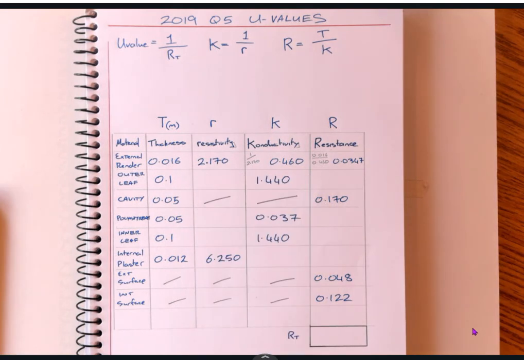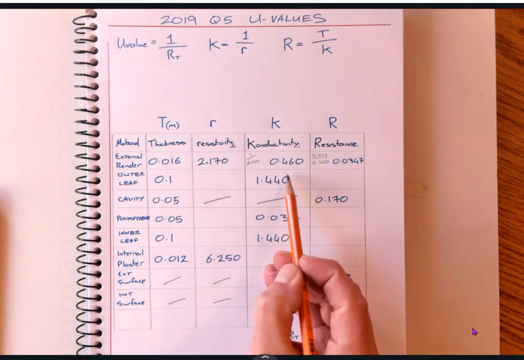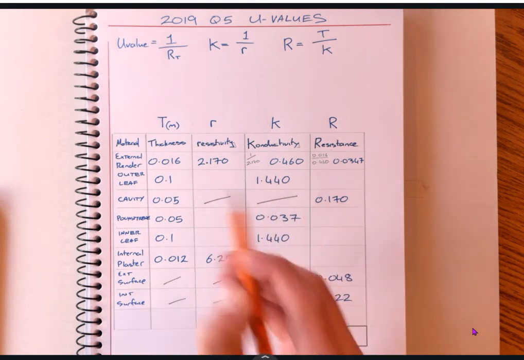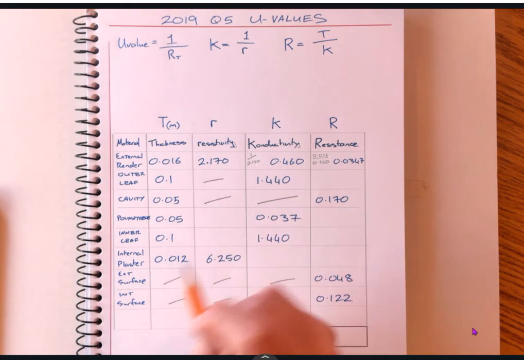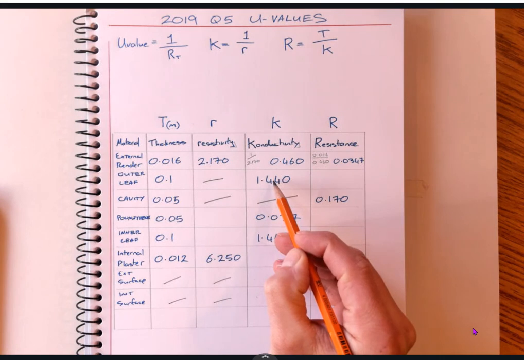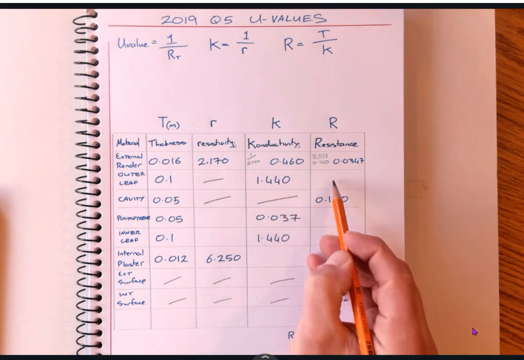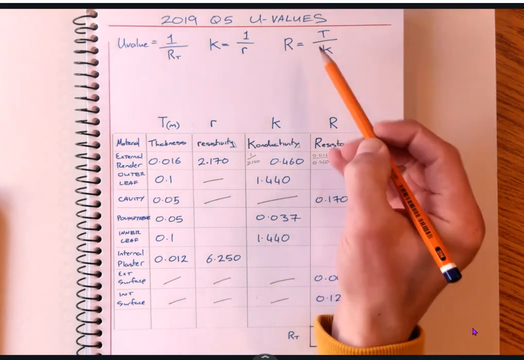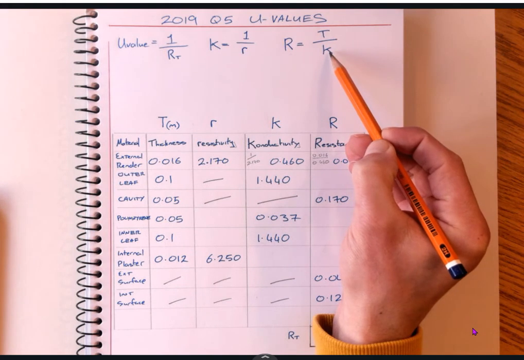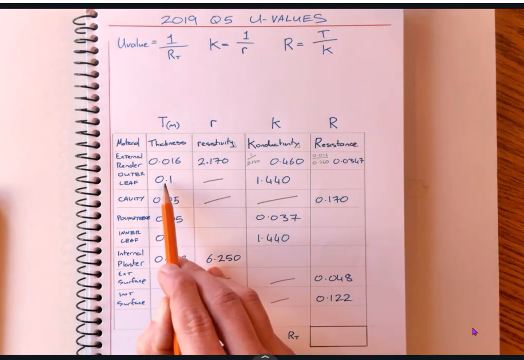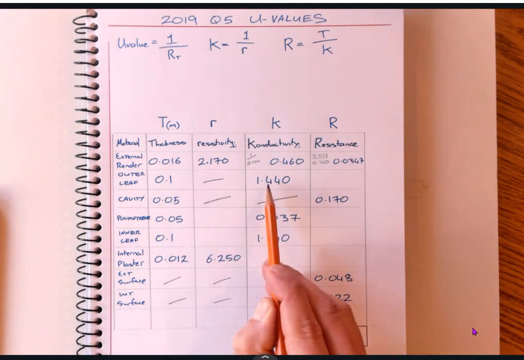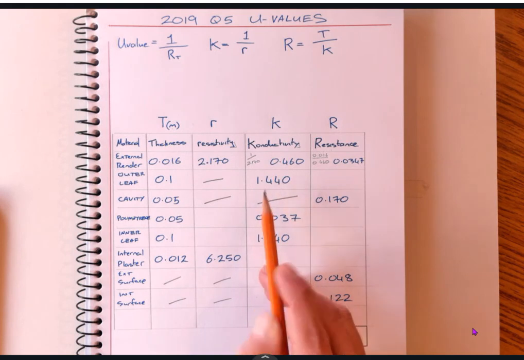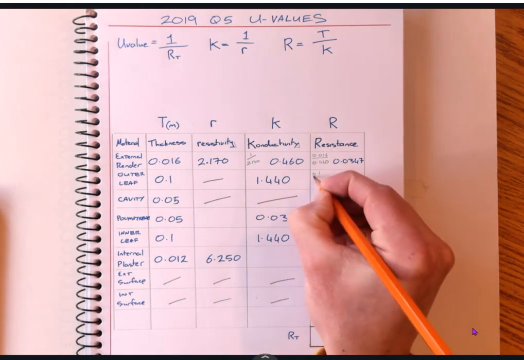The next one is a bit easier. I've already got conductivity, so I don't need to worry about resistivity. It's already done. All I've got to do now is figure out my resistance. Again, resistance is thickness divided by conductivity. Thickness 0.1 divided by conductivity 1.440.